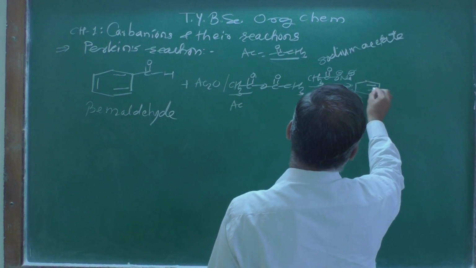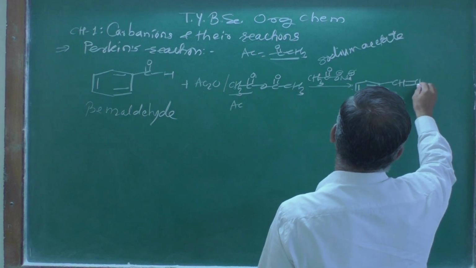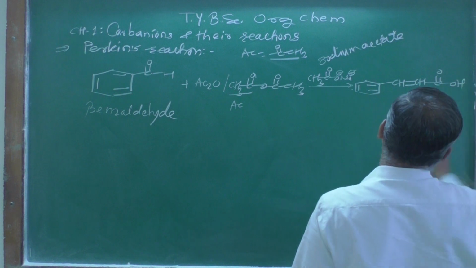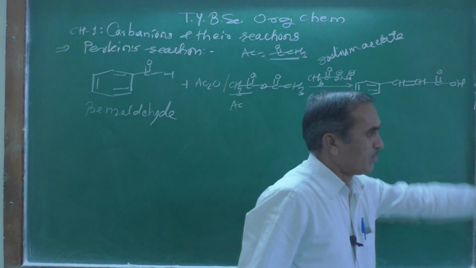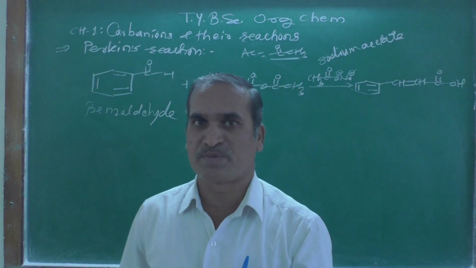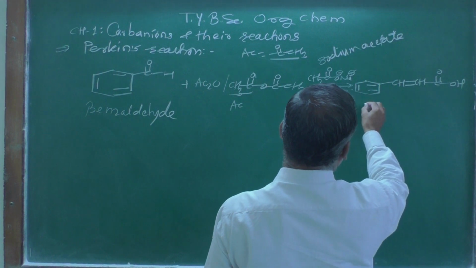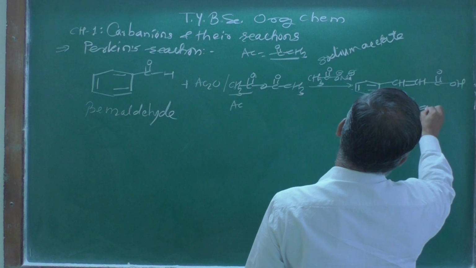Let me draw the product first: CH double bond CH, then C double bond O, OH. The common name of this compound: look at the end, what type of functional group is present? It is acidic, and therefore the compound is known as cinnamic acid.